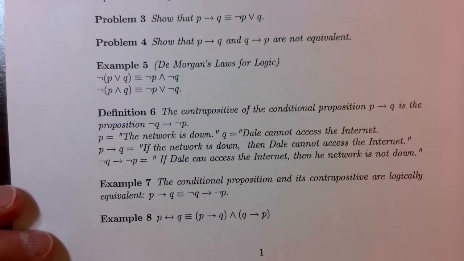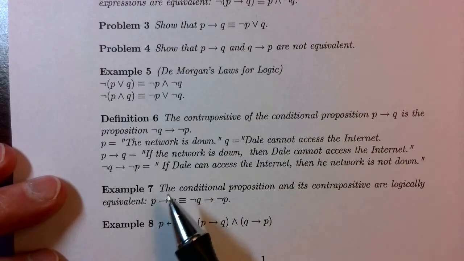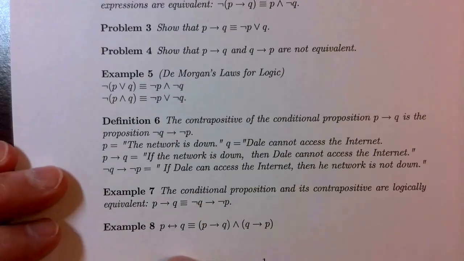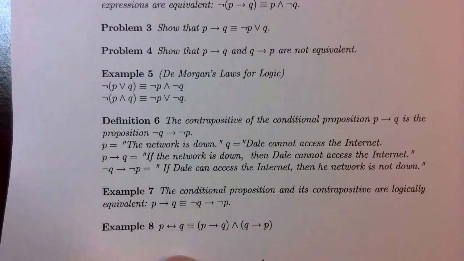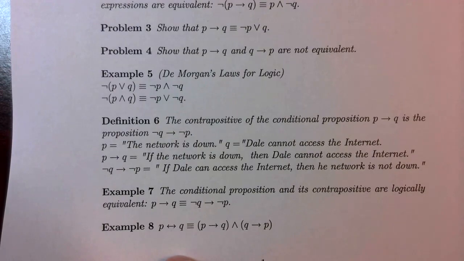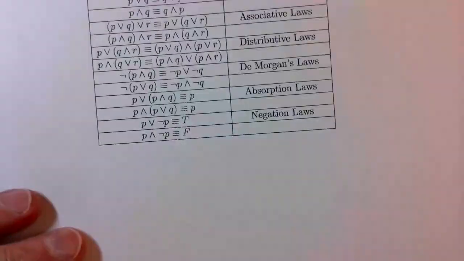If we have 3 variables, then the table will contain 2 cubed, 8 rows.